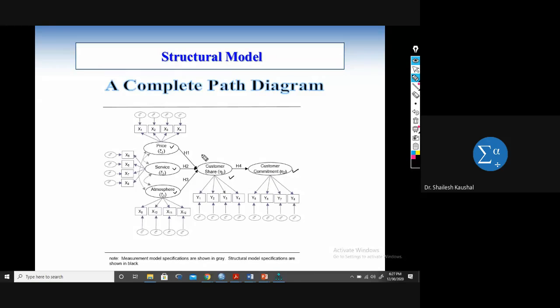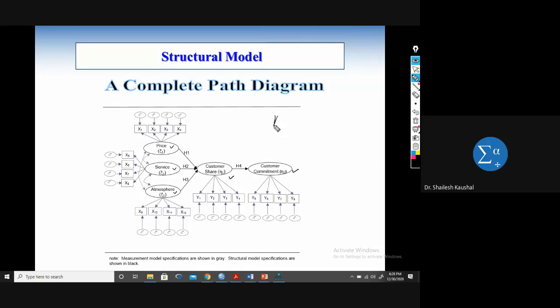So the advantage of structural equation modeling is this. The one variable which is now a dependent variable can be the independent variable with respect to the other variable. It means we can simultaneously analyze the same thing. We do not need to perform it 2 times, like in the case of other multivariate techniques.